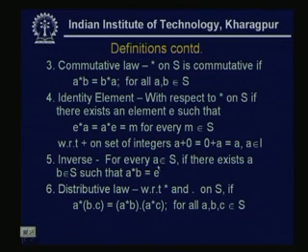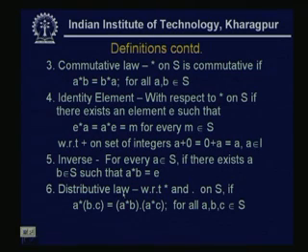Again, for every element A belonging to S, if there exists another element B belonging to S such that A star B equals E, means if the operator star, say this is multiplication, operates on two operands A and B, and this gives the identity element, which we have just defined, then any one of these elements is the inverse of the other element.